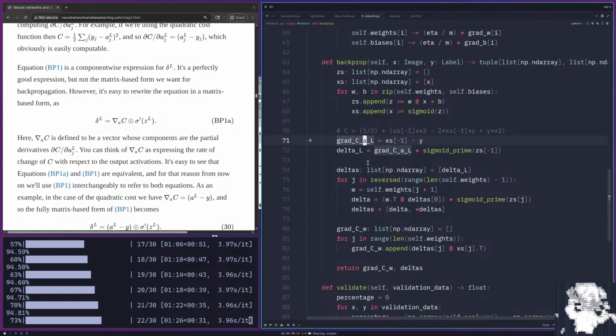Wait, is this with respect to A? Because we just took the derivative of the cost function. Oh yeah, X and A are synonyms. So why don't I call this with respect to X instead of with respect to A?